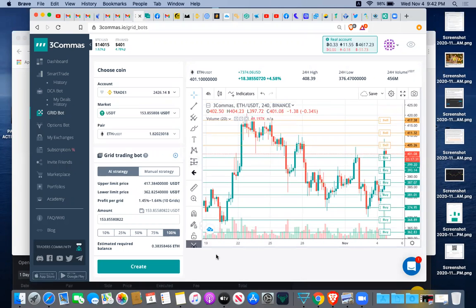That's what the AI is showing here. Then it can still drop to as low as $362. That's not too encouraging.